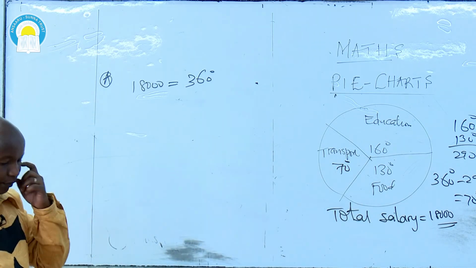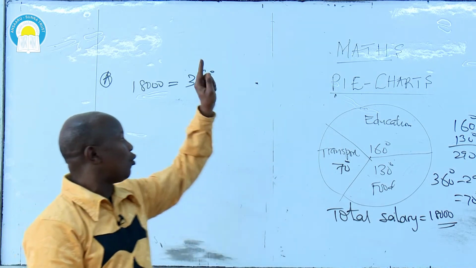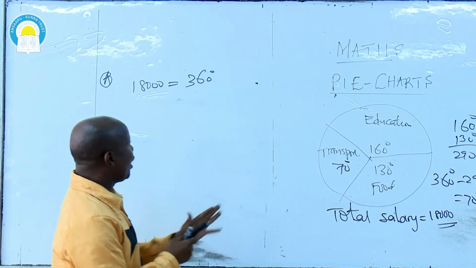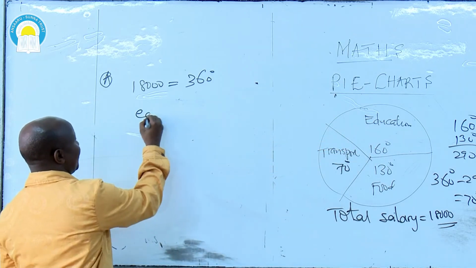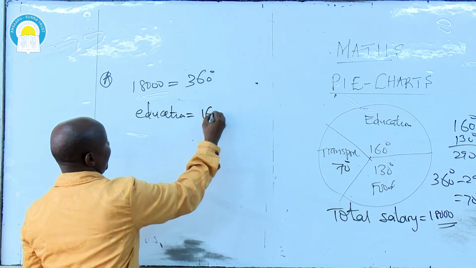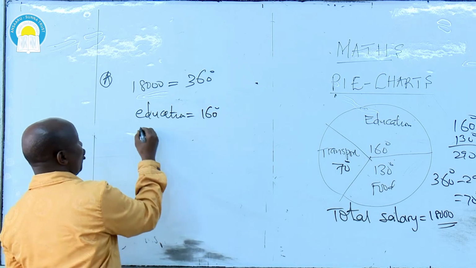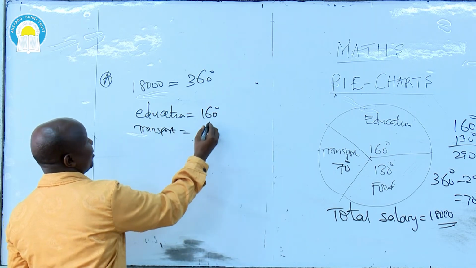Now, listen to the question. How much more did he spend on education than on transport? Education was 160 degrees, and on transport, the degrees was 70 degrees.